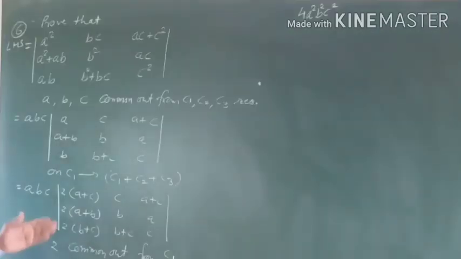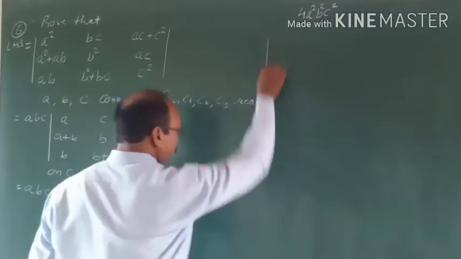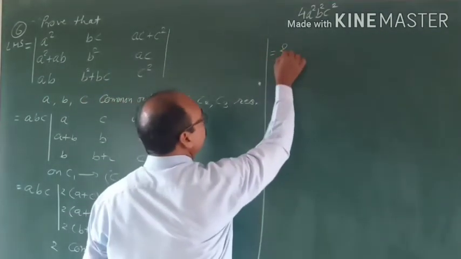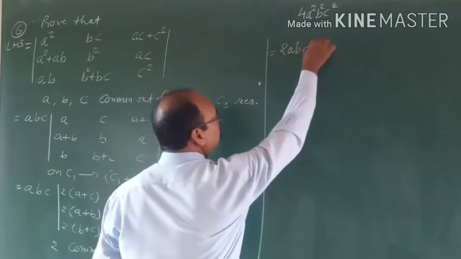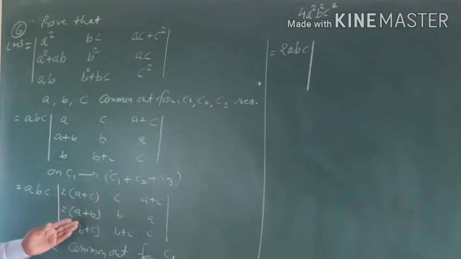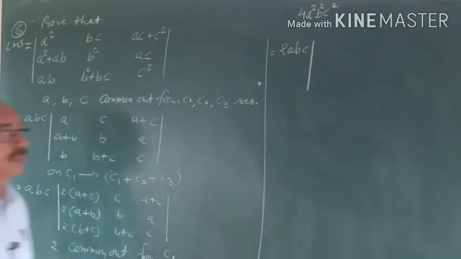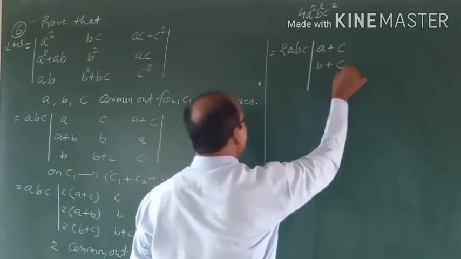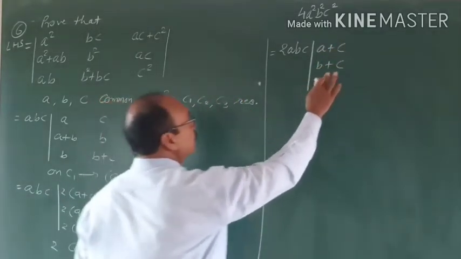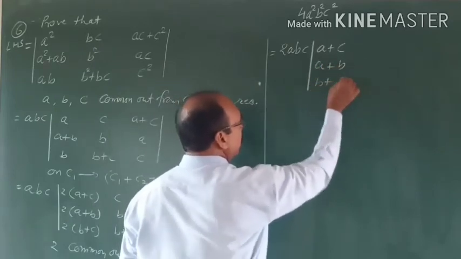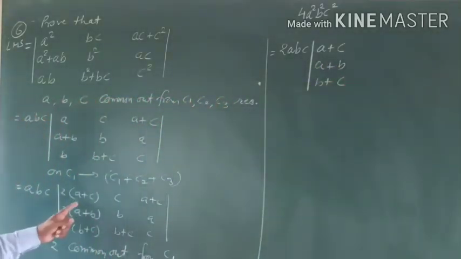So it will be 2abc times the determinant, with only a plus c, a plus b and b plus c remaining in the first column.